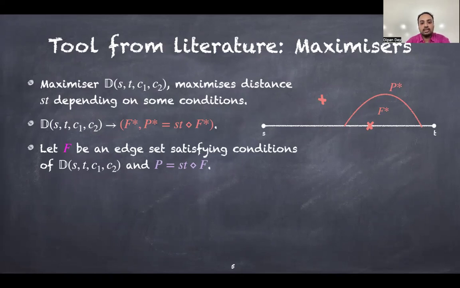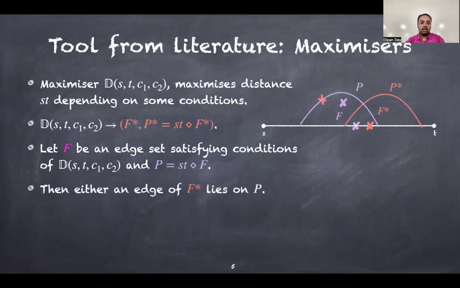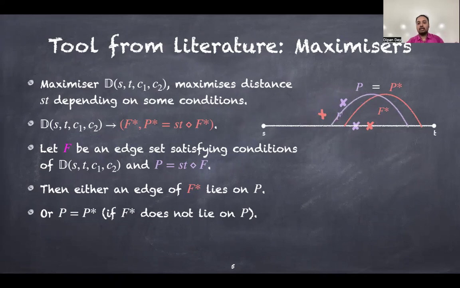Let F be another set of edges which satisfies the conditions, and let P be the path from S to T after avoiding F. A previous result in the literature says that either at least one edge of F star lies on P, or it does not. And if it does not, then P is equal to P star. That is, if no red edge is on the path P, then P equals P star, so in this case we know the path.